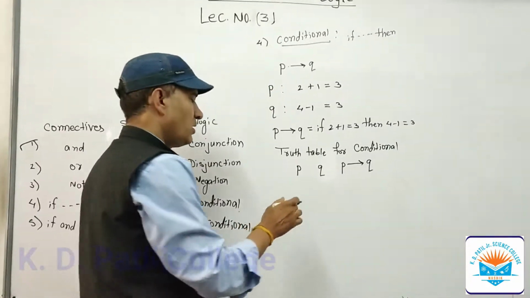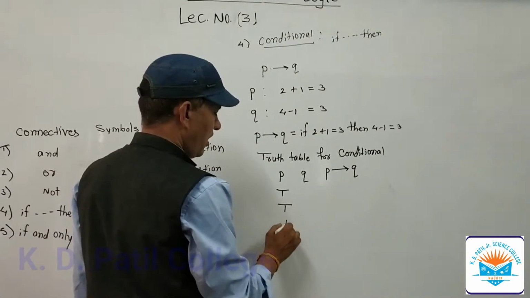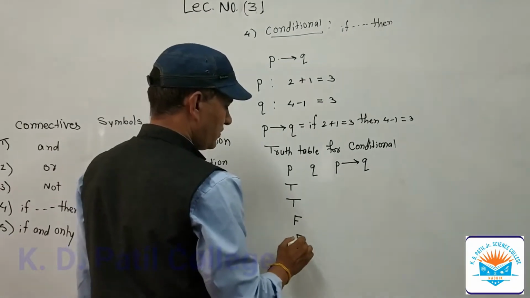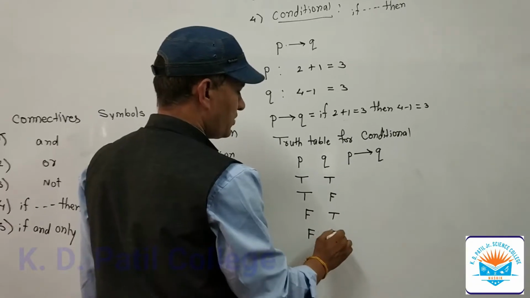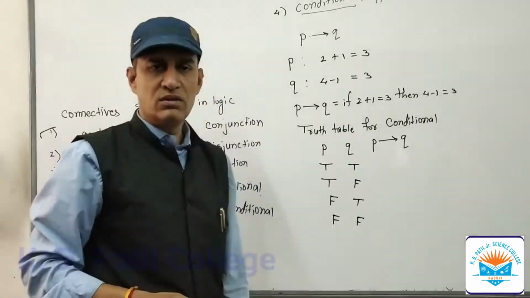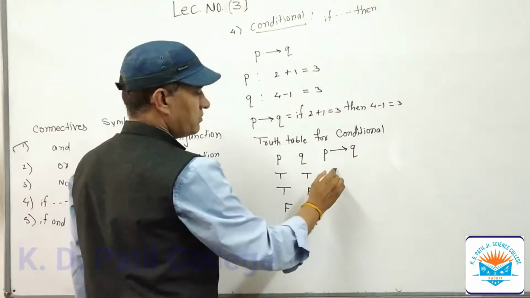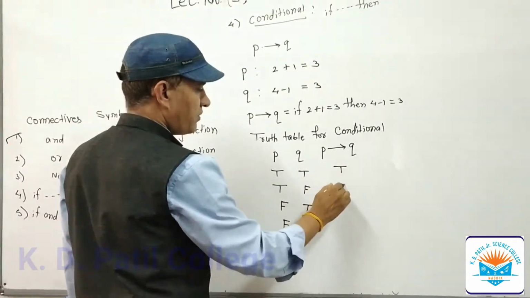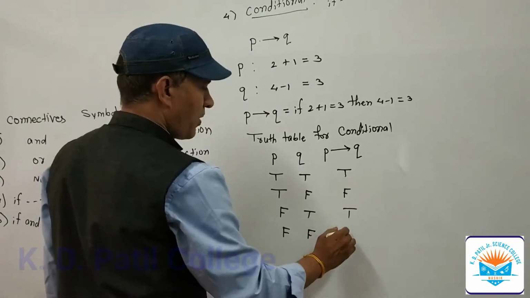The same process here: we are using T, F, T, F. These two columns are the same as usual. Now we are changing the last column only. TT becomes T, TF becomes F, FT becomes T, FF becomes T.